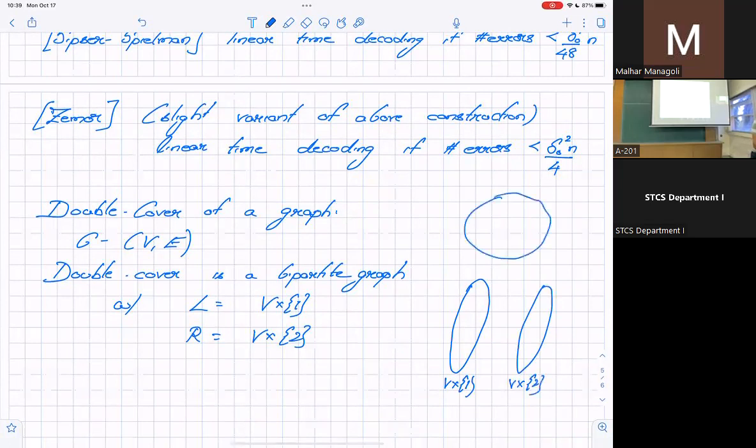I had a graph and I had just V here; this is the original graph. Suppose I have an edge UV here. Now it's going to be a bipartite graph, so UV can either be U1, V2, or it can be V1, U2. For every such edge, we add both of these edges. That's all.